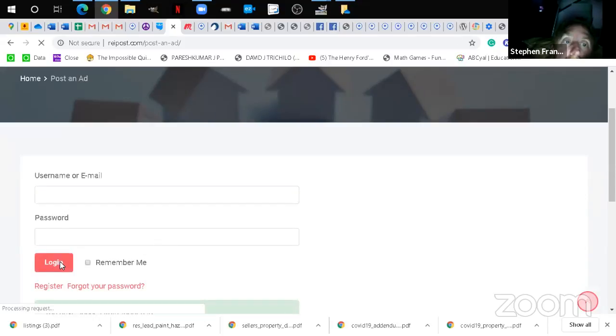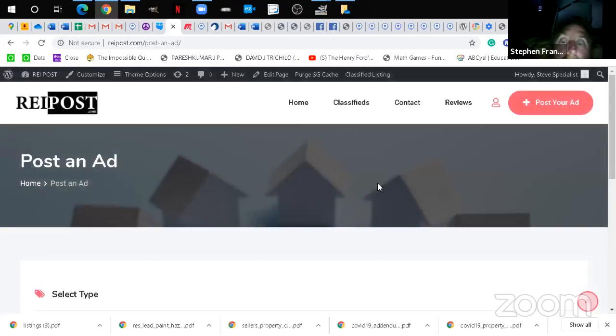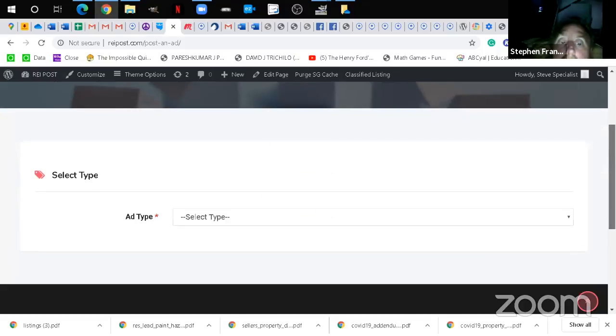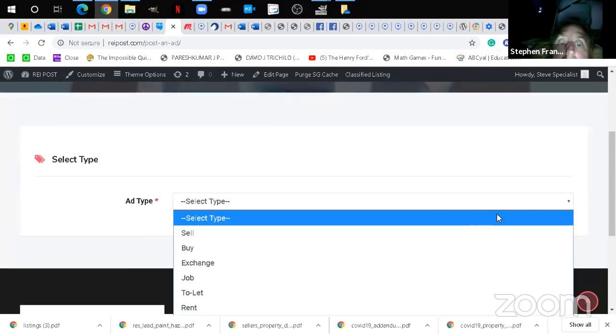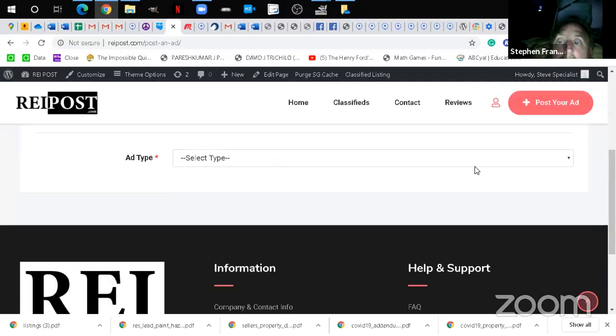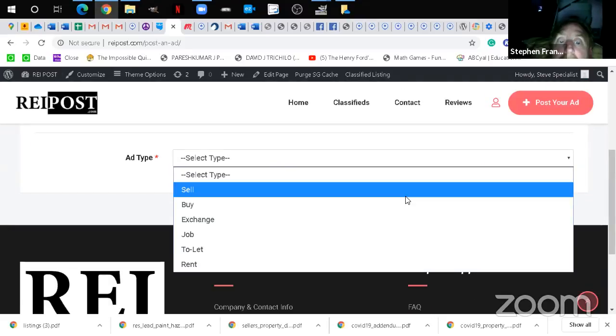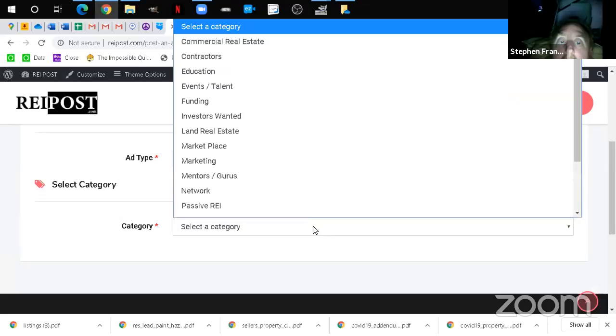So REI Post, assuming Mike fixed it over the weekend, I didn't even look yet, we're still working on the functionality here, obviously.